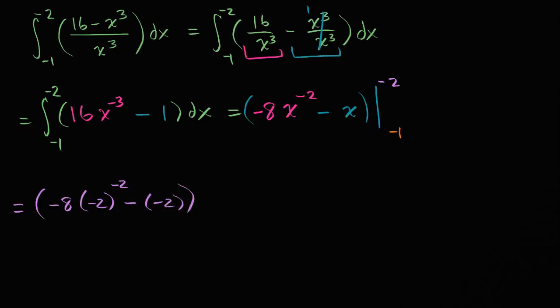And from that, we're going to subtract it evaluated at -2: -8 times (-2)^-2 minus (-2).